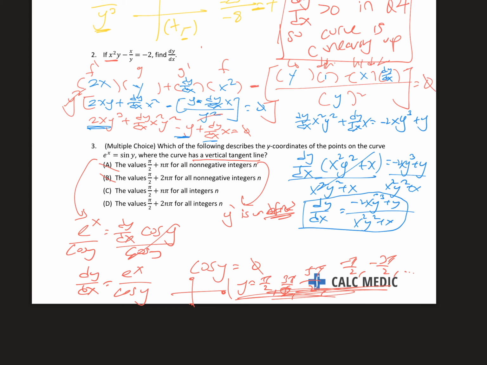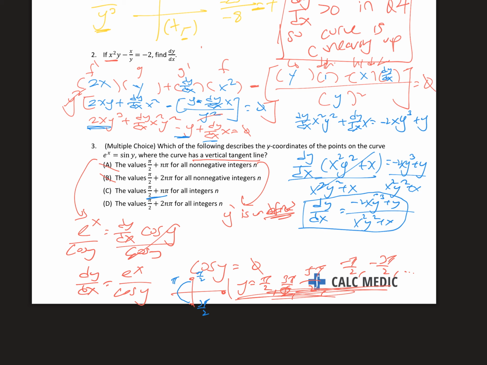Let's check C. C would be pi over 2 plus n pi. So 1 pi, well, yeah, that makes sense, because that distance here is pi, right? From pi over 2 to 3 pi over 2. Once again, a lot of unit circle work. A lot of you are not memorizing the unit circle. You need to memorize it, because it comes up over and over again on the AP test.